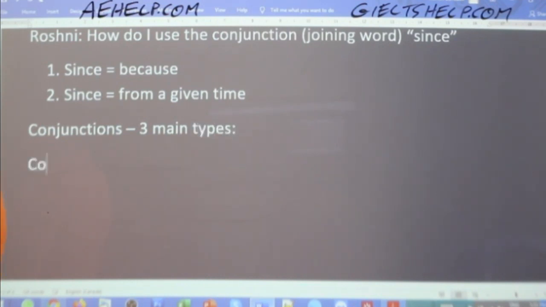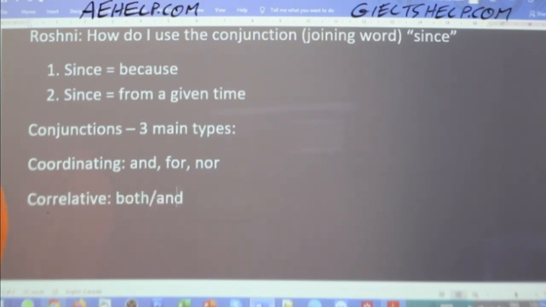They are coordinating. Coordinating ones are like and, for, nor. I'm not going to type them all; there's about 7 or 8 of these. There's correlative. Correlative are the ones that are paired, right? So both and, neither nor.